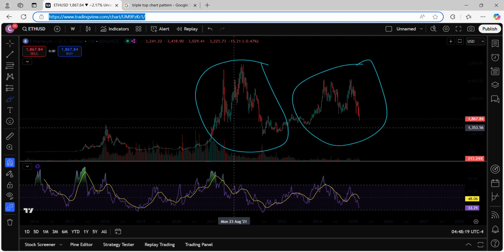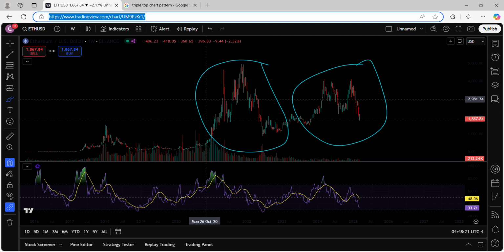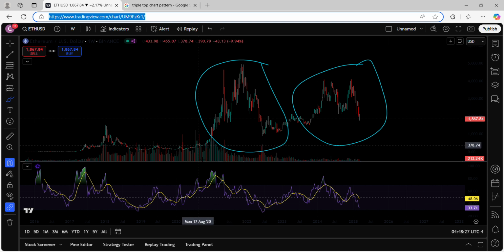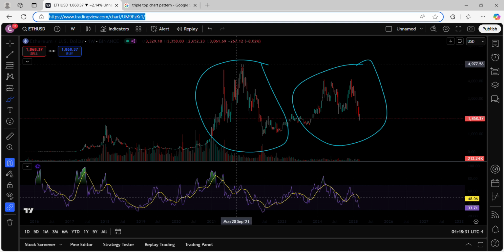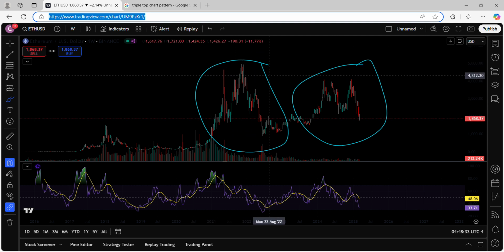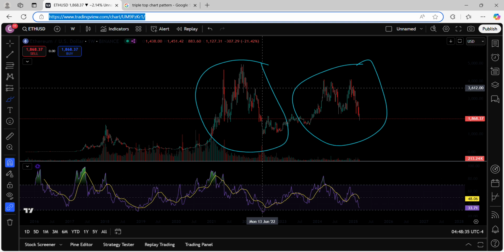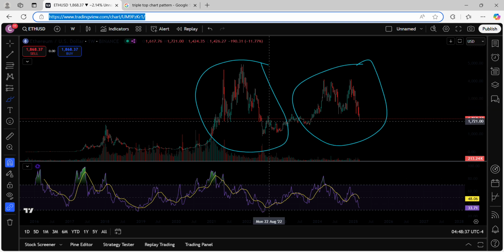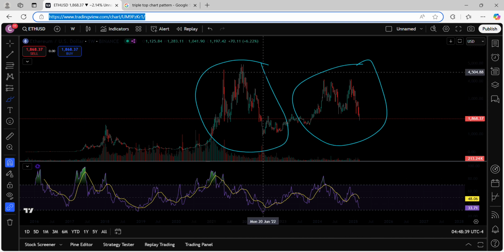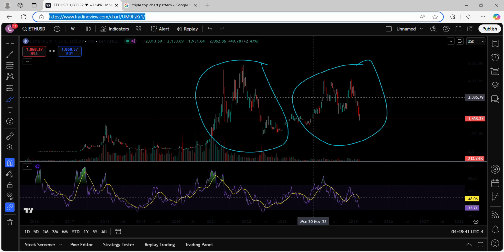If you notice on this particular structure back in 2021 and 2022, as I said, you have a parabolic rise, you have consolidation at the top or near the top, and then you have the fall. Now, when you have that consolidation in here and in here, all that really is called distribution.